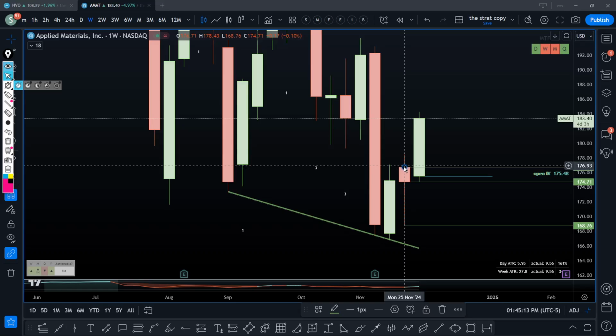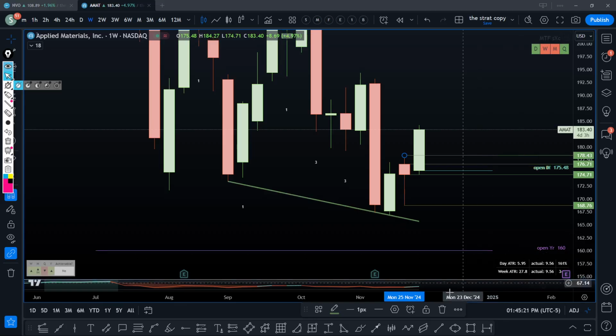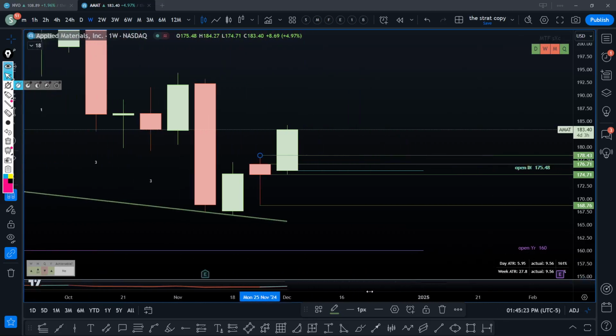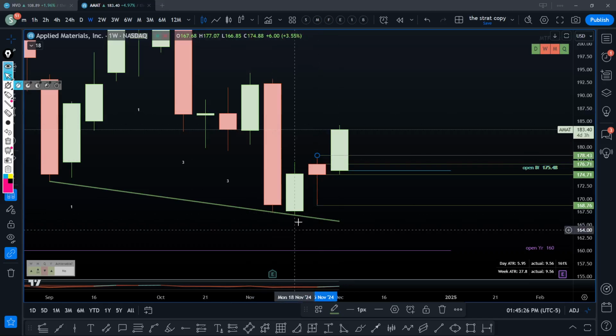And so you could easily play this off of breaking back above the opening of the week or breaking back above the high of the week for bullish continuation of the trend reversal from the bottom of the broadening formation.